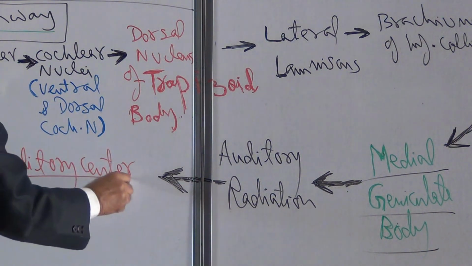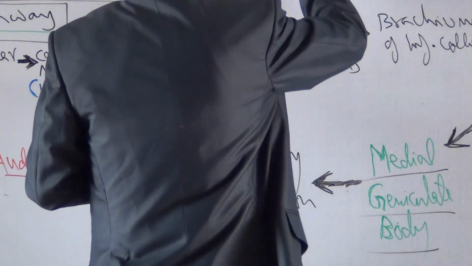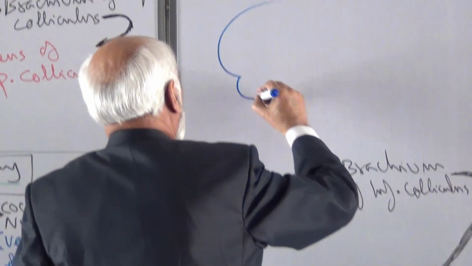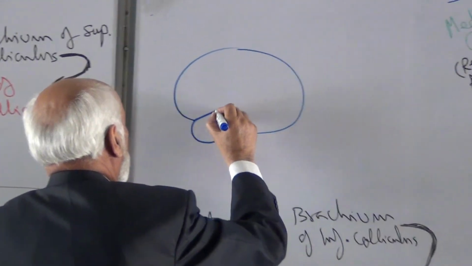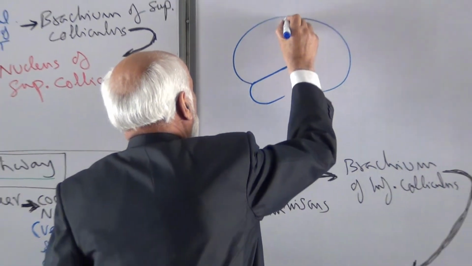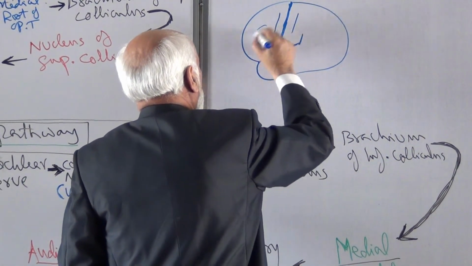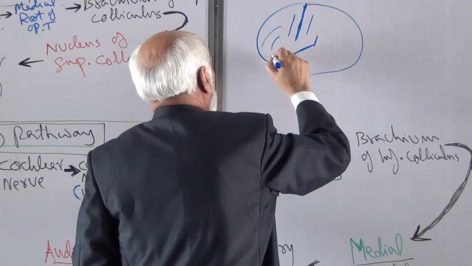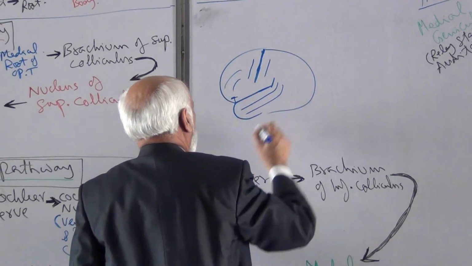The auditory center is Brodmann cortical areas in the temporal lobe. As we explained before, this is the posterior ramus of the lateral sulcus, central sulcus, precentral, postcentral sulci, etc., and the superior temporal and inferior temporal sulci.